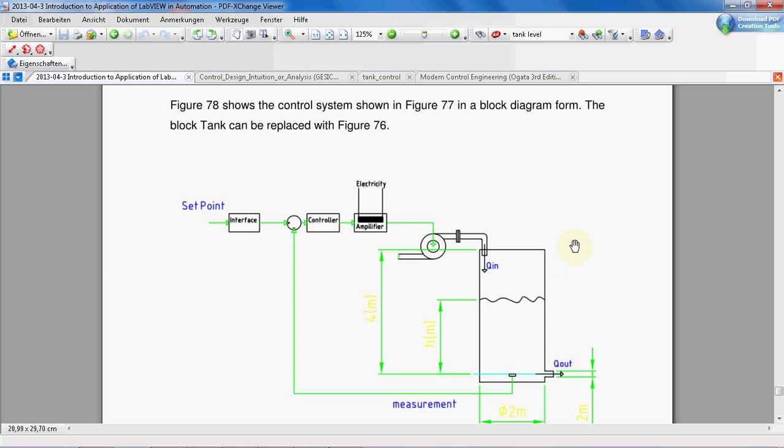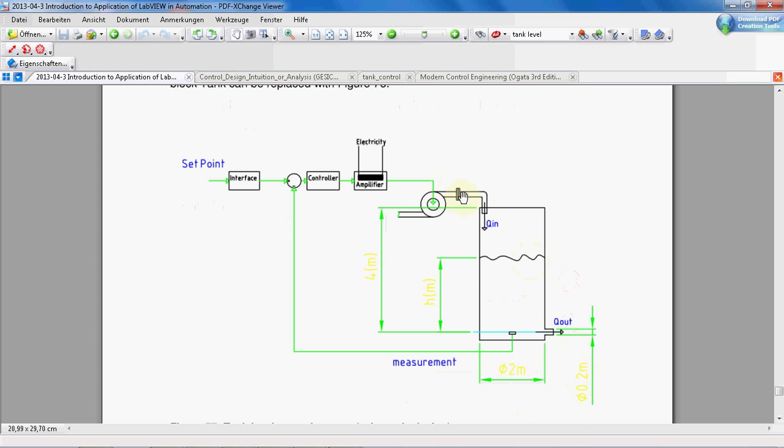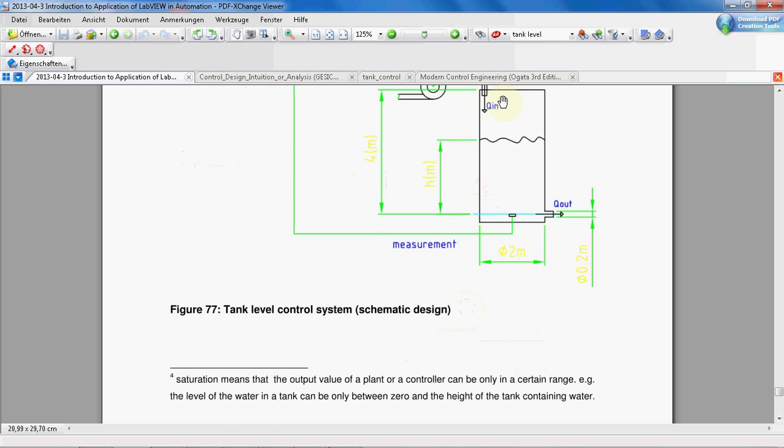That means what? Assume that our tank has the maximum capacity of 10 meters. Sorry that I say the capacity in meters, but I mean the maximum level of the tank is 10 meters. At this point, when the tank level is 10, we have a certain Q out. Let's put some number here.